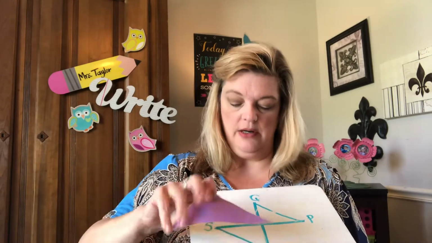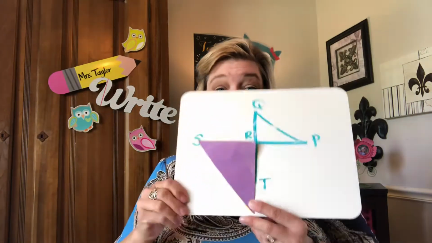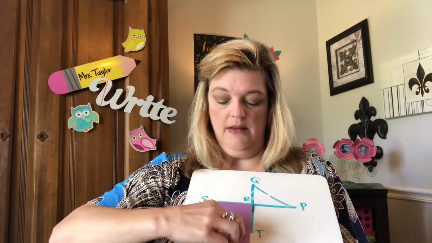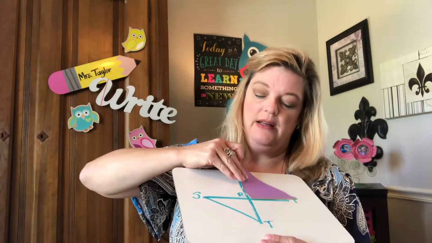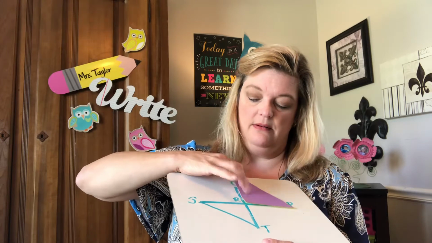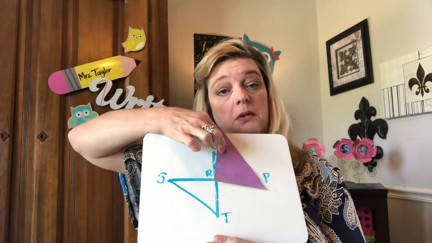So if I started like so, SRT, and then I rotate, which means I'm just kind of moving around, and then I have that right angle there, I have RQP. All right. So on number 12, you would say that it is rotated, or rotation, either one. Okay.